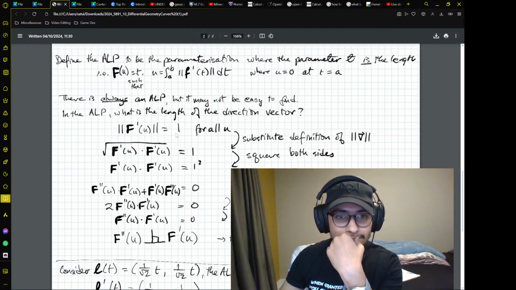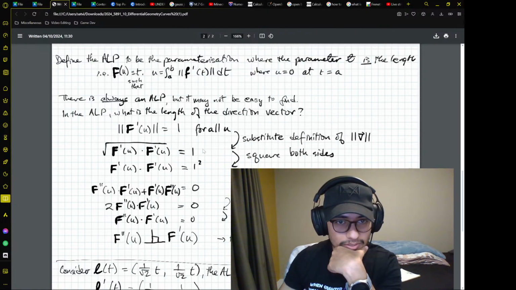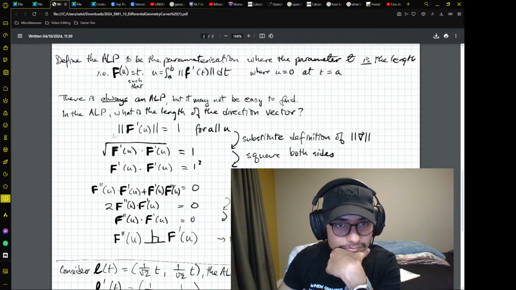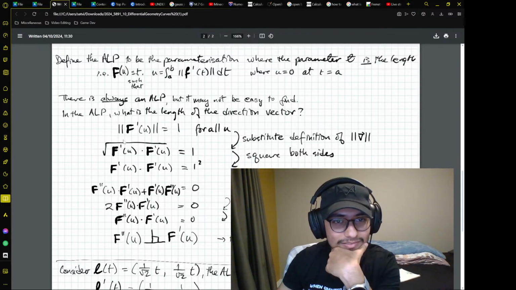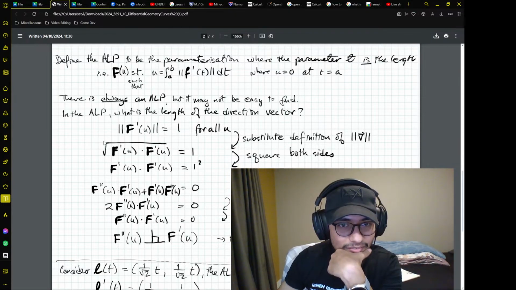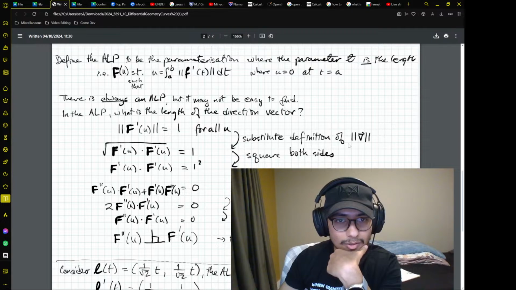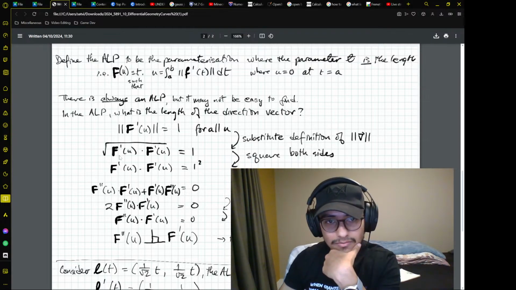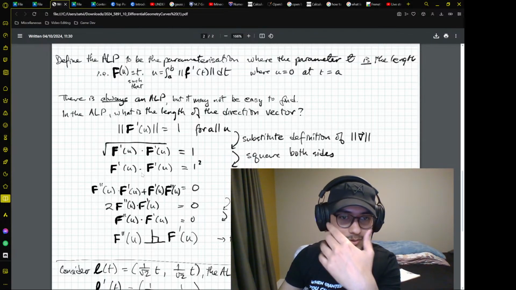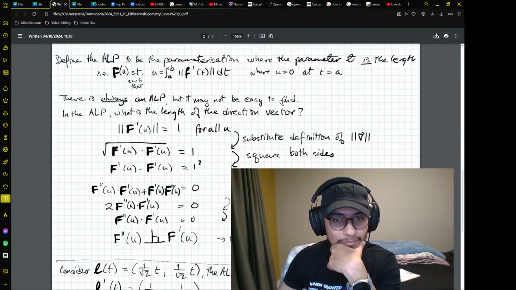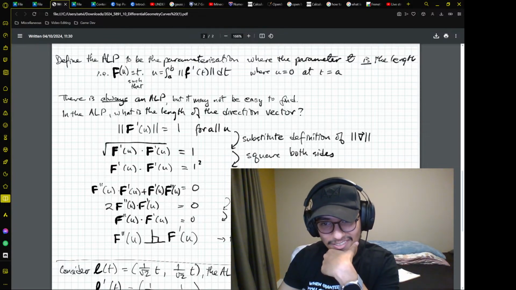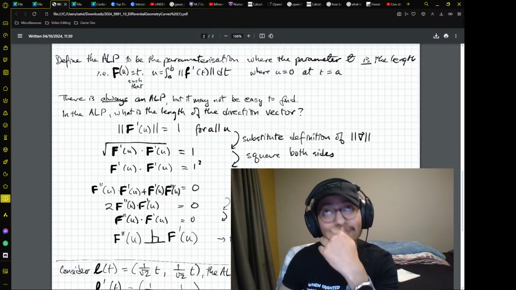Okay, so we take a square root on both sides, and substitute the definition of the norm of v. We get this, we square root this, and we do the partial derivatives. If you don't know the formula, it is f dash g plus g dash f.